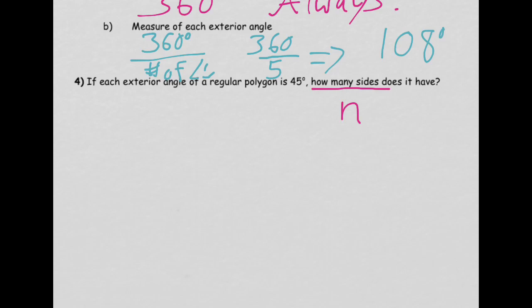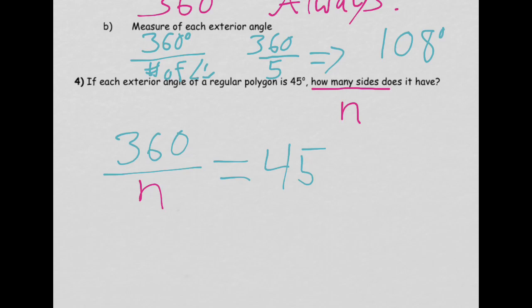And what is our equation to find the exterior angle of a regular polygon? Well, 360 divided by the number of angles, or the number of sides, either one, right? So we've got 360 divided by, well, we're just going to have n for this one. We don't know how many sides. What does it equal? 45 degrees, right? 45 degrees per exterior angle.